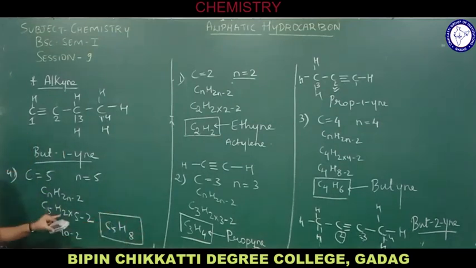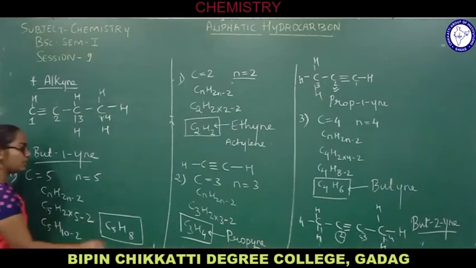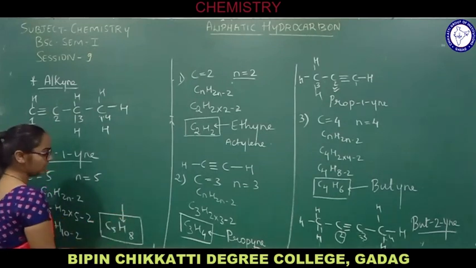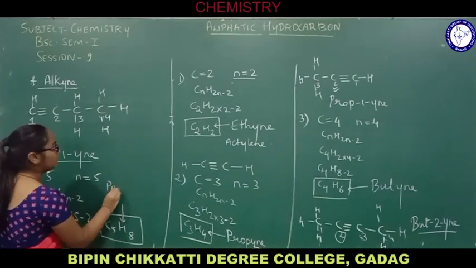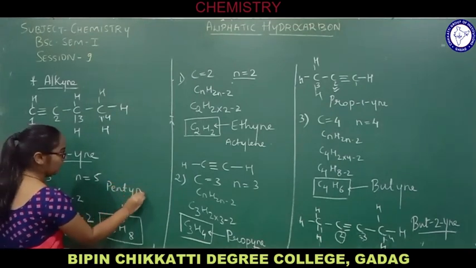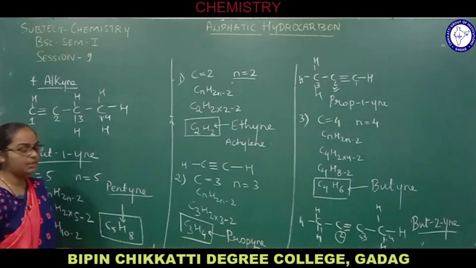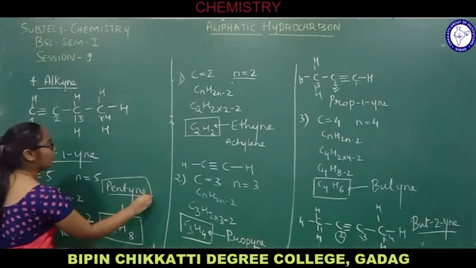You just have to substitute n as 5 and derive the molecular formula. Since 5 carbons are there, the name for this molecular formula will be pentyne.